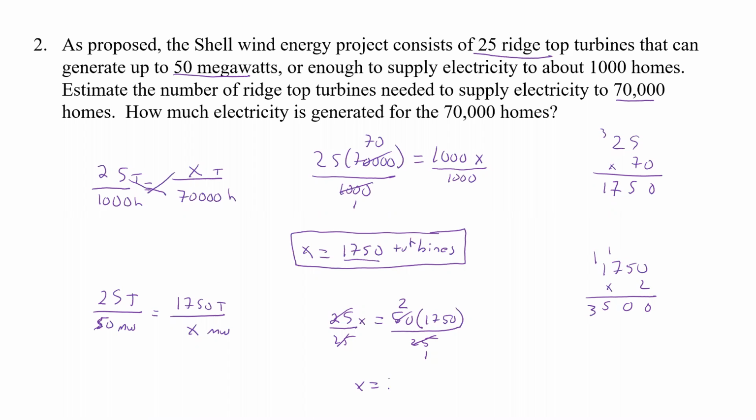So it's going to give us 3,500 megawatts of power from those 1,750 turbines. Okay, so that's how much they can produce. And that's how much the 70,000 homes need to have the electricity. All right, so that's all I have for this one, and I'll make another video for the example problems.